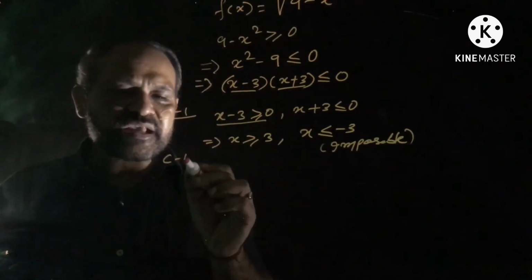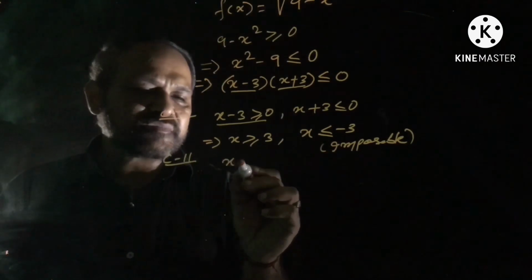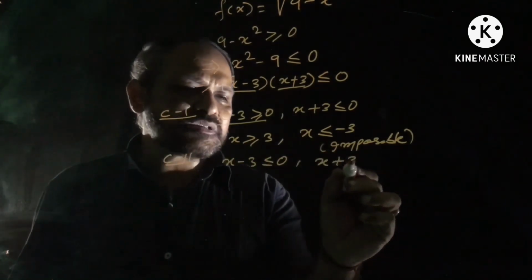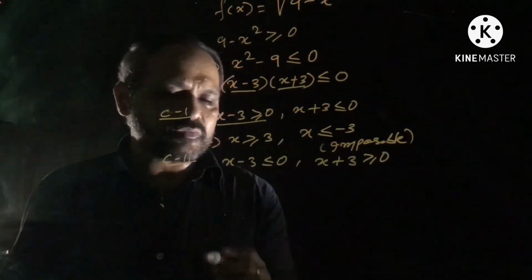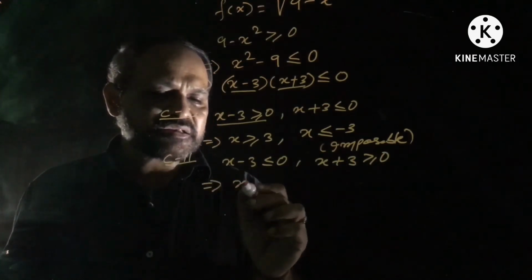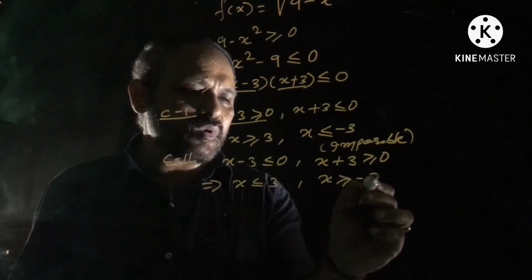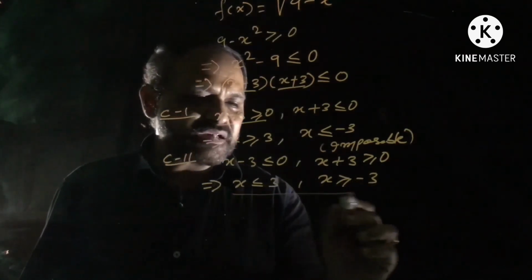If we consider the second case, x minus 3 is less than or equal to 0 and x plus 3 is greater than or equal to 0. We can write this as x less than or equal to 3 and x greater than or equal to minus 3. What is x?